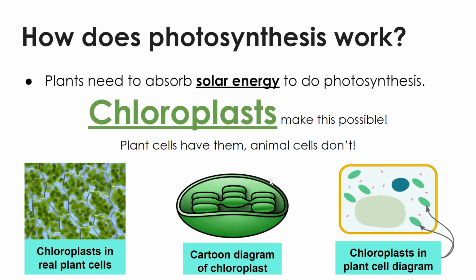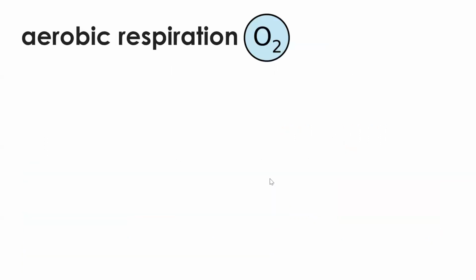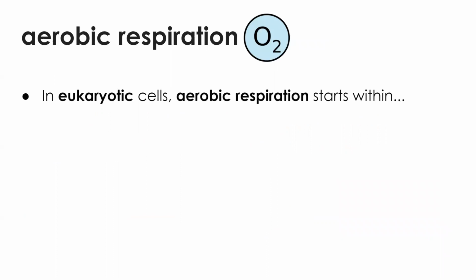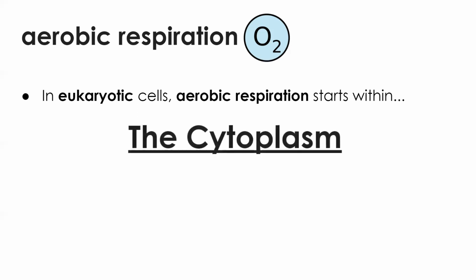Let's talk about cellular respiration. Cellular respiration, specifically aerobic respiration, happens in eukaryotic cells like plants and animals. Aerobic respiration is the process of breaking down glucose to make energy. So it starts in the cytoplasm.